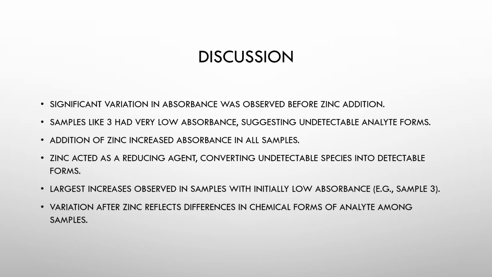After the addition of zinc powder, all samples show increased absorbance. Zinc, acting as a reducing reagent, converted the undetectable forms of the analytes into detectable forms that reacted with the color reagent. The relative increase was particularly notable for sample 3, at 623%, which has the lowest initial absorbance, indicating that most of its analyte was in a reducible form. Other samples also saw varying degrees of increase, reflecting differences in chemical composition and the presence of reducible species among the samples.